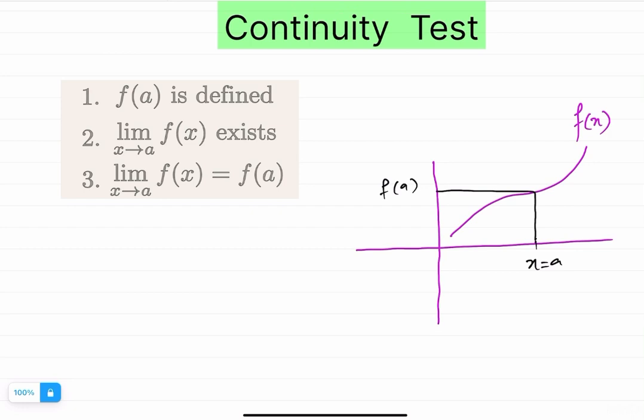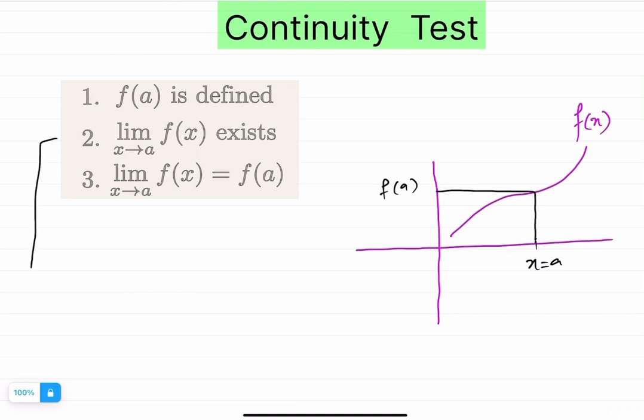The second one is: the limit as x approaches a of f of x exists. That means the limit should exist for this function. It means if we take the left hand limit and the right hand limit and they are equal, we say the limit for this function exists.